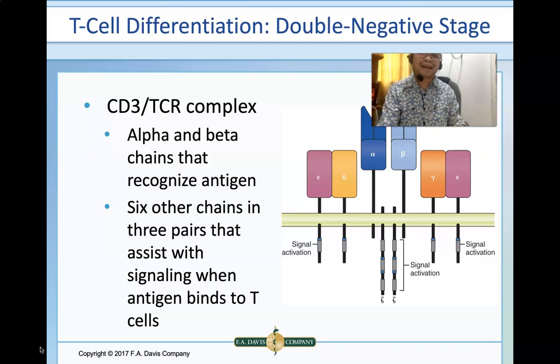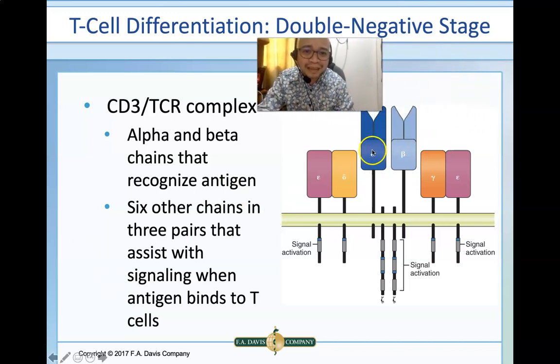These are the alpha and the beta chains here. The alpha and the beta chains are responsible for recognizing antigen. Now, aside from the alpha and beta chains, there are 6 other chains in 3 pairs. They assist with signaling when antigen binds to T cells.